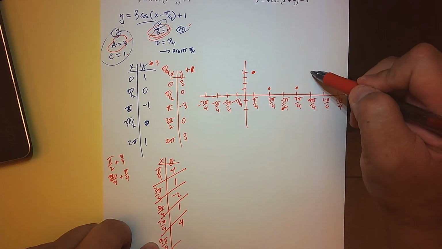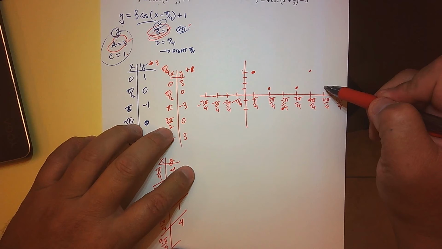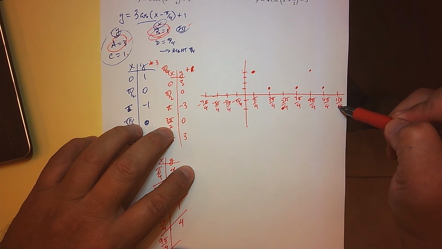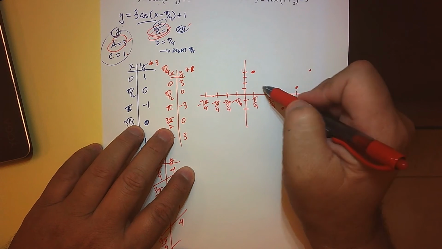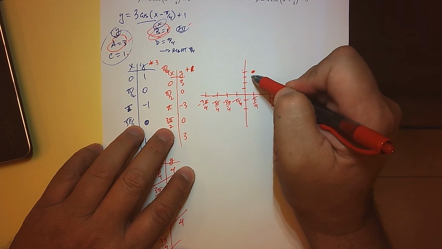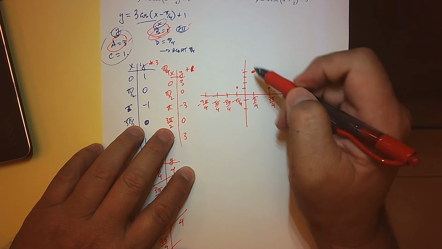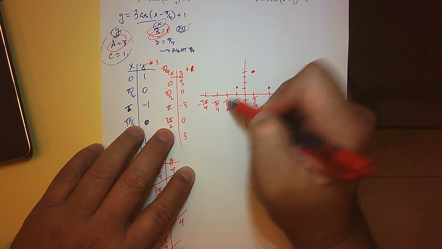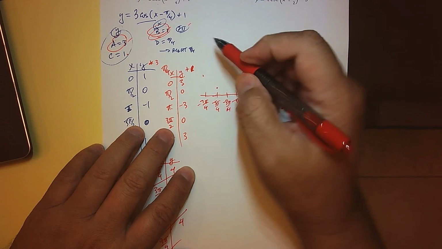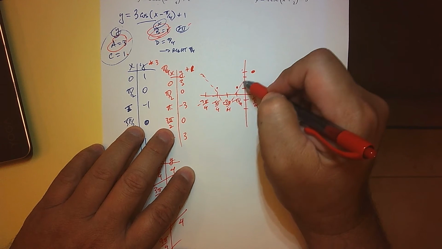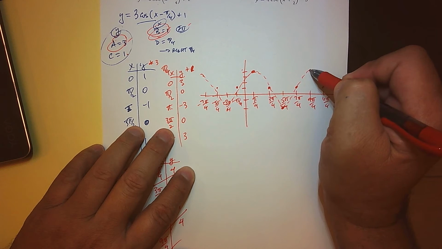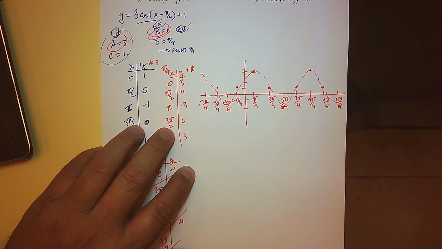And then 9 pi over 4, we're at 4. And this is going to keep just repeating this pattern over and over and over again. So in red is our graph of cosine, all right?